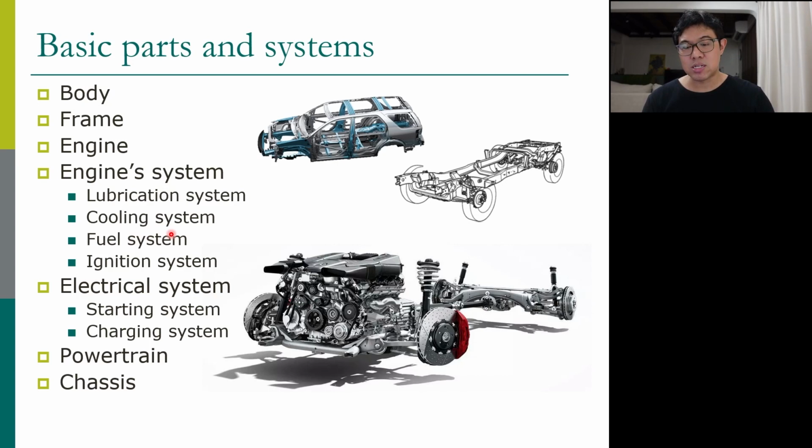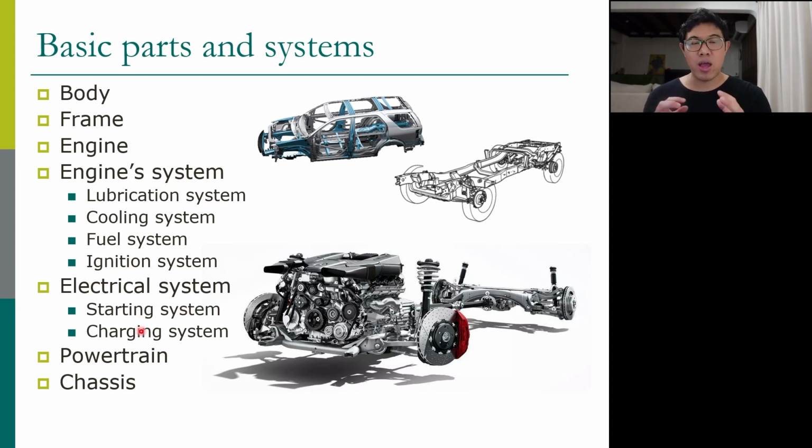We also have the fuel system that provides both fuel and air into the engine. We also have the ignition system, the way to ignite the fuel if you are using a gasoline engine. We also have the electrical system that supports the engine: the starting system and charging system.